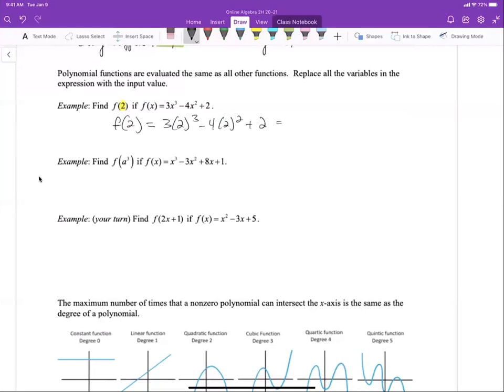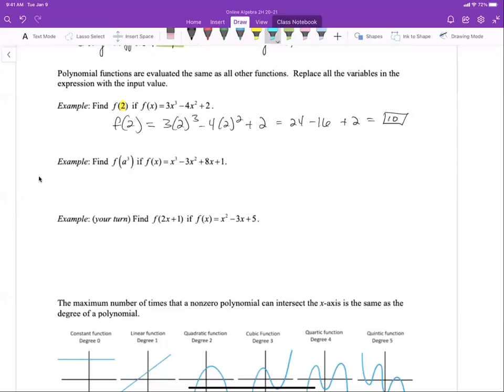And that would be the same as 2 cubed times 3 is 24. 2 squared is 4. 4 times 4 is 16. That's minus 16. I still have my plus 2. And the value of that expression is 10 when x is 2.